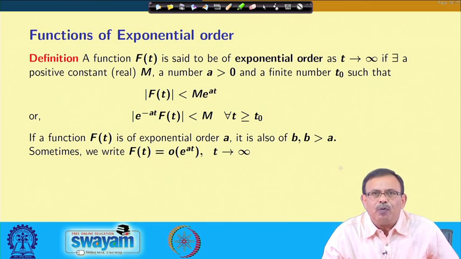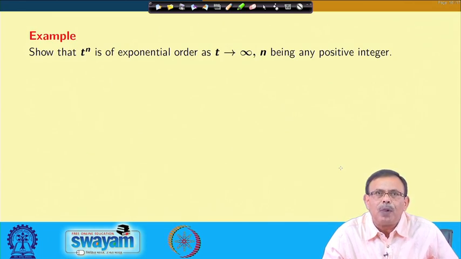That means, whenever it is of exponential order a and there is a b where b is greater than a, then also we can tell the same thing, that f(t) is of exponential order alpha, where we can write order of e power a t. And please note that as t approaches infinity, only then this condition should be satisfied.